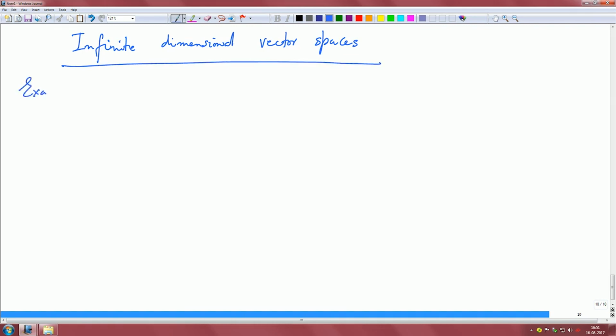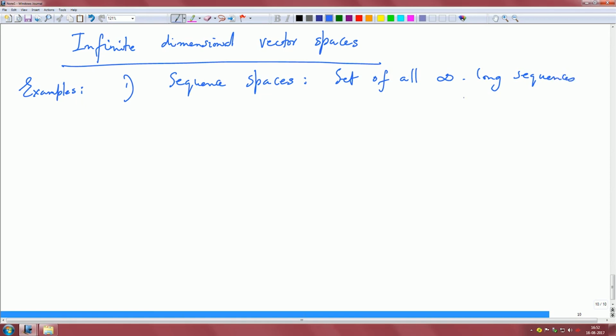So these examples include sequence spaces, wherein we have a set of all infinitely long sequences xn.